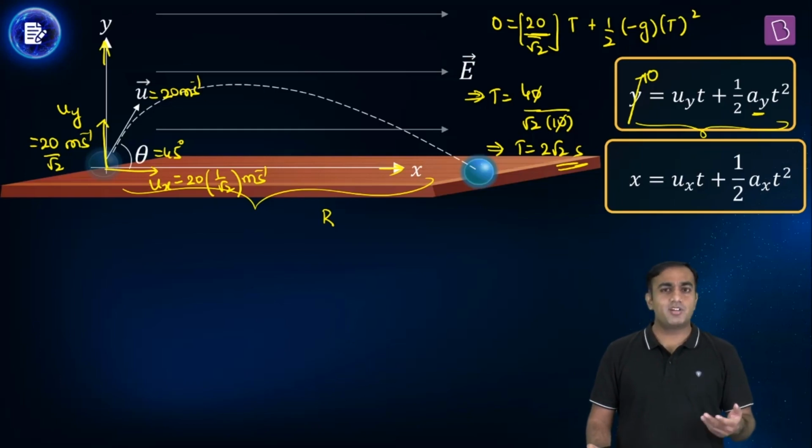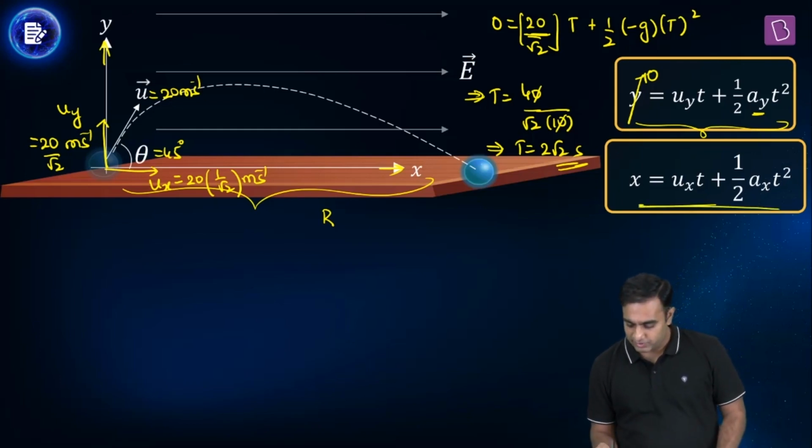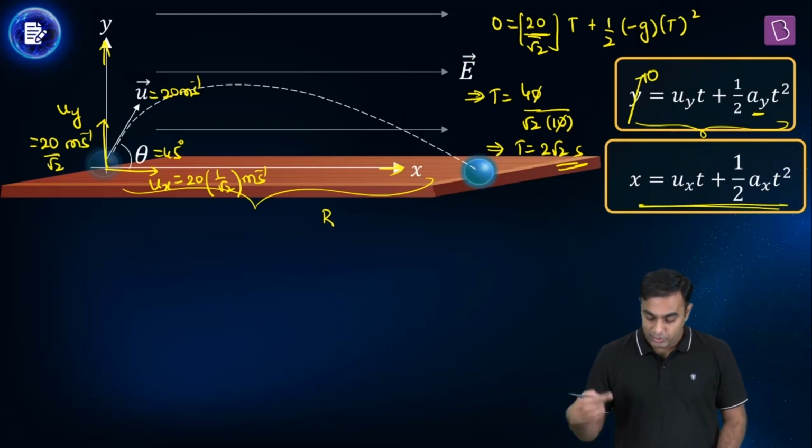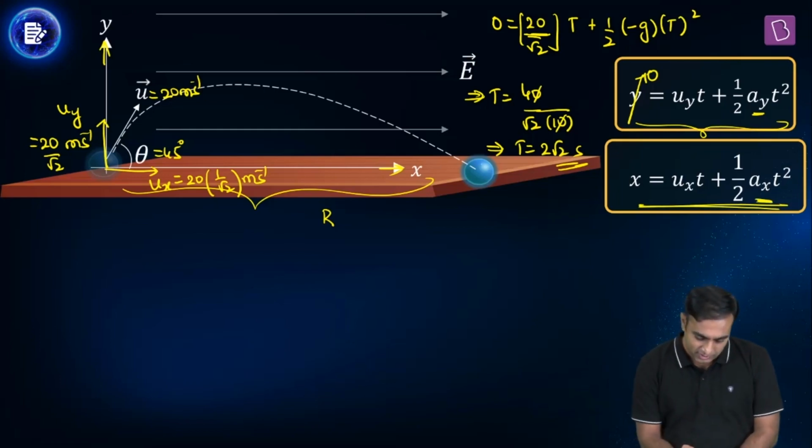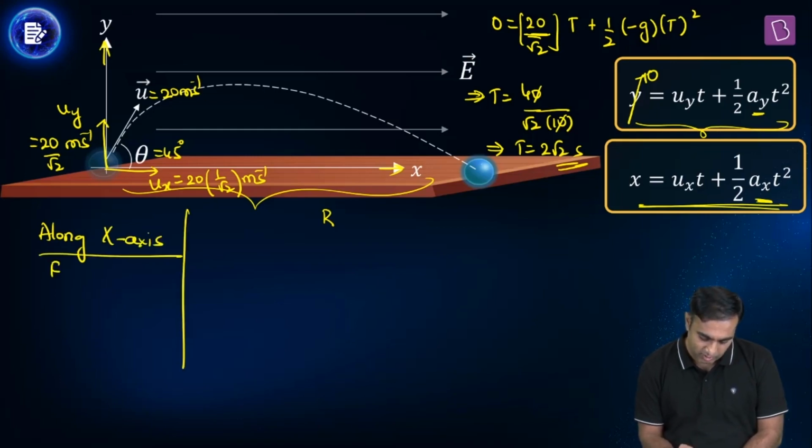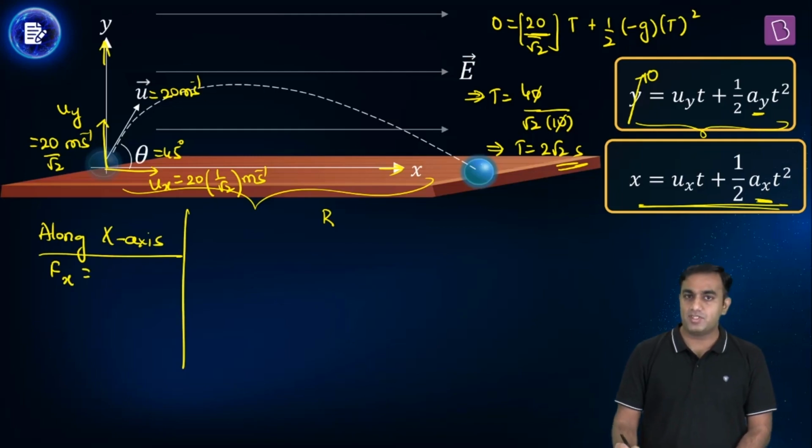How do we find horizontal range from this information? We need to apply this equation, right? And before doing that, let's evaluate a_x as well, because that's the only thing missing now. If you look at the force acting along x-axis and call it F_x, it happens to be QE.